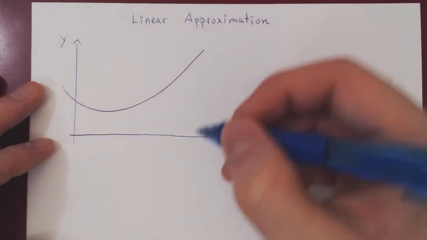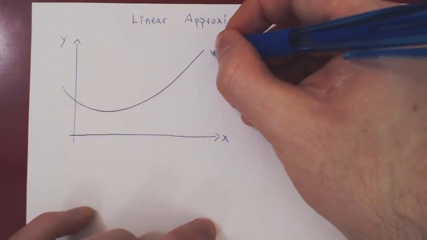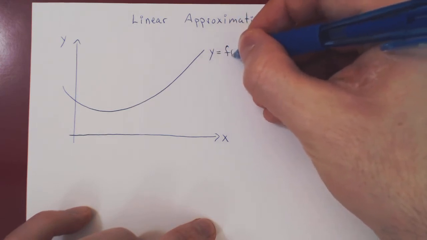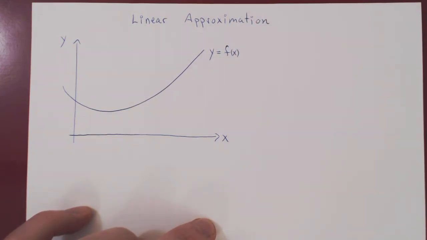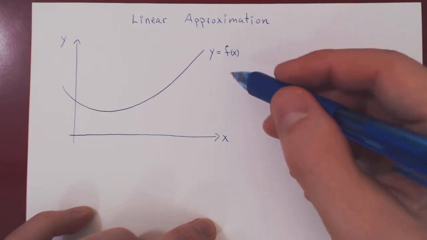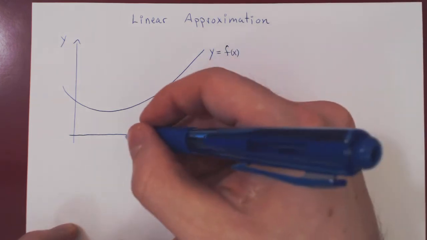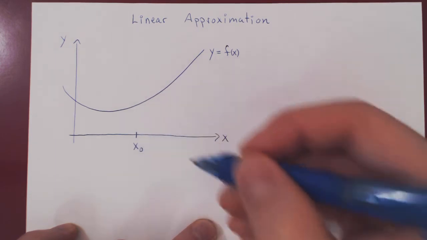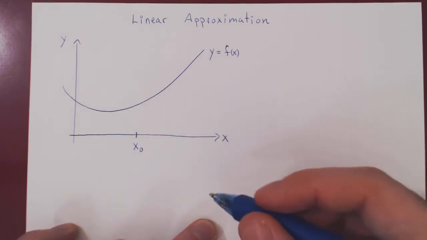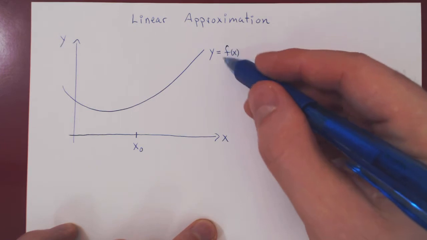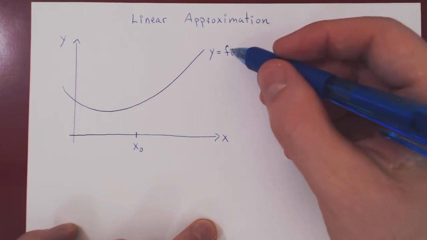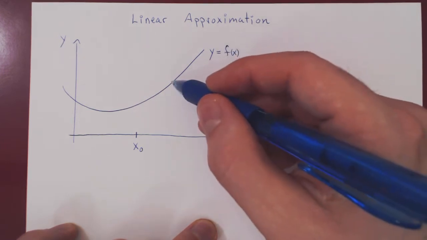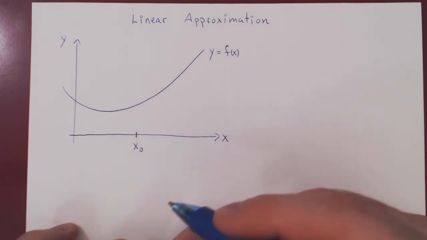Suppose a function looks something like this. And suppose that we are interested in the y values on this function around, say, this point. Call it x0. This would be a fixed value of x. Now the function f may be very complicated, so it may be very difficult by hand to estimate the values of the function directly.